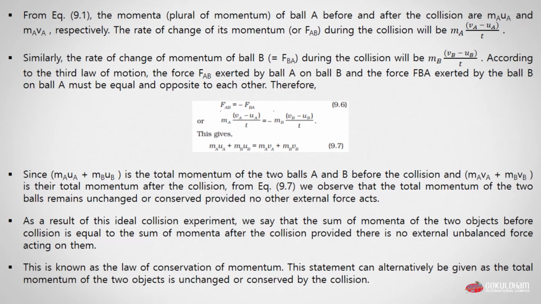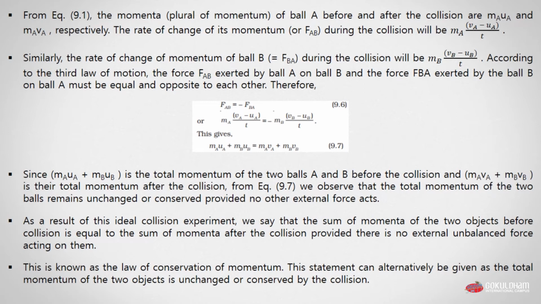Or we can say mass of A multiplied by (final velocity of A minus initial velocity of A) divided by t equals minus mass of B multiplied by (final velocity of B minus initial velocity of B) divided by t, and this gives us mass of A multiplied by initial velocity of A plus mass of B multiplied by initial velocity of B equals mass of A multiplied by final velocity of A plus mass of B multiplied by final velocity of B, which is our equation 9.7.